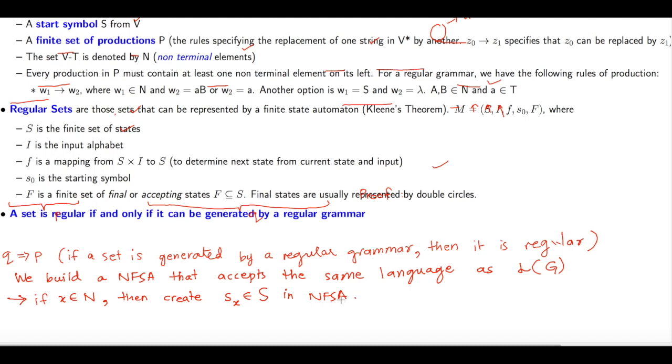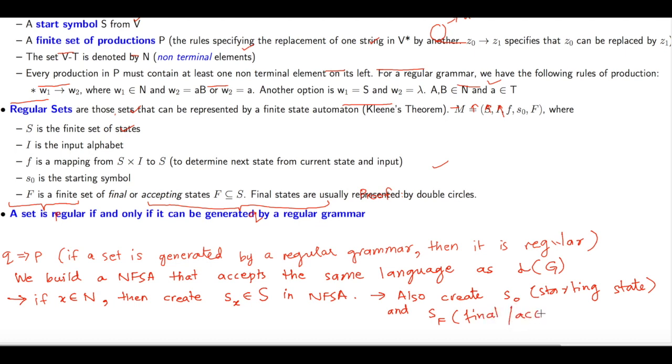Also create S0, which is the starting state, and SF, which is the final or accepting state.